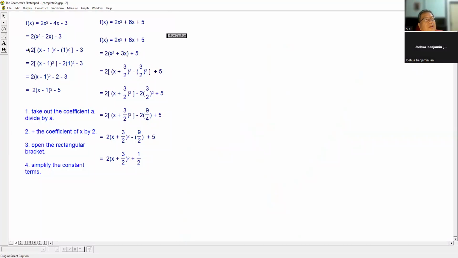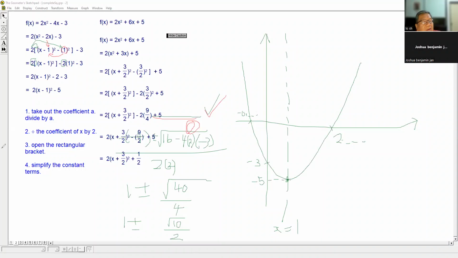Now, can you draw this? So it's like this. Okay. My hand today is very not good.